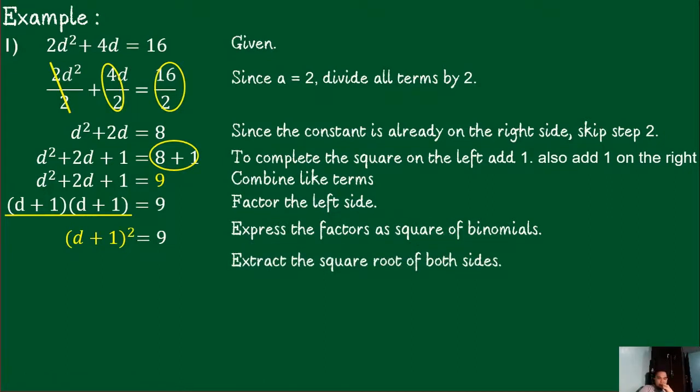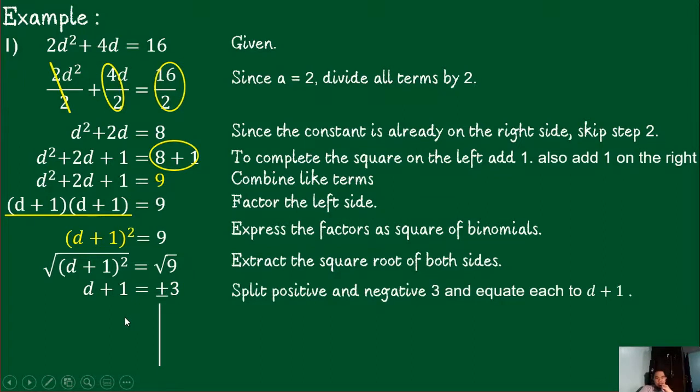Then extract the square root of both sides. Okay, so kukunin natin yung square root ng magkabilang side. Square root of (d plus 1) quantity squared, kapag in-extract natin to, ang matitira na lang is d plus 1, and the square root of 9 is positive and negative 3.